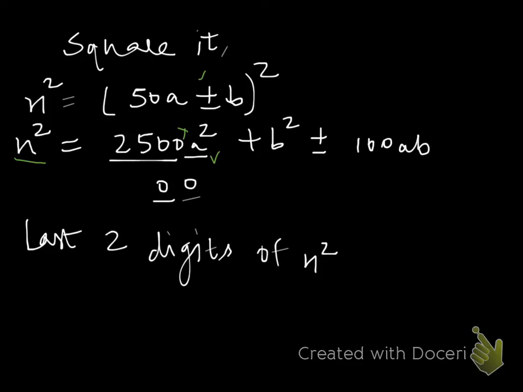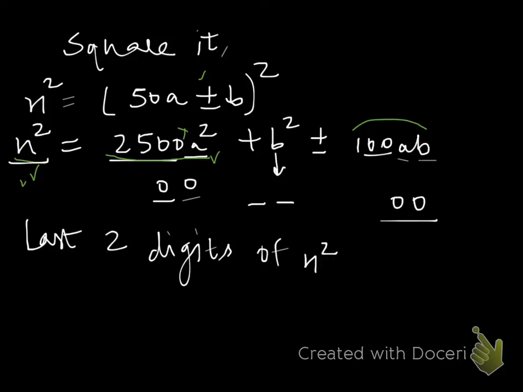So the last two digits of this term will always be 0, 0. Similarly, for 100ab, whatever be the value of a or the value of b, the last two digits will be 0, 0 again. So that means the square of n is governed by the square of b.